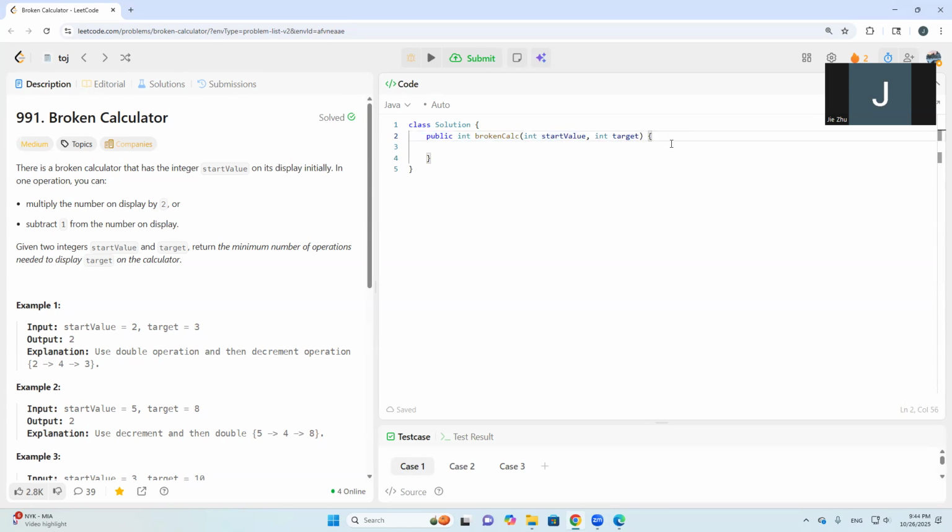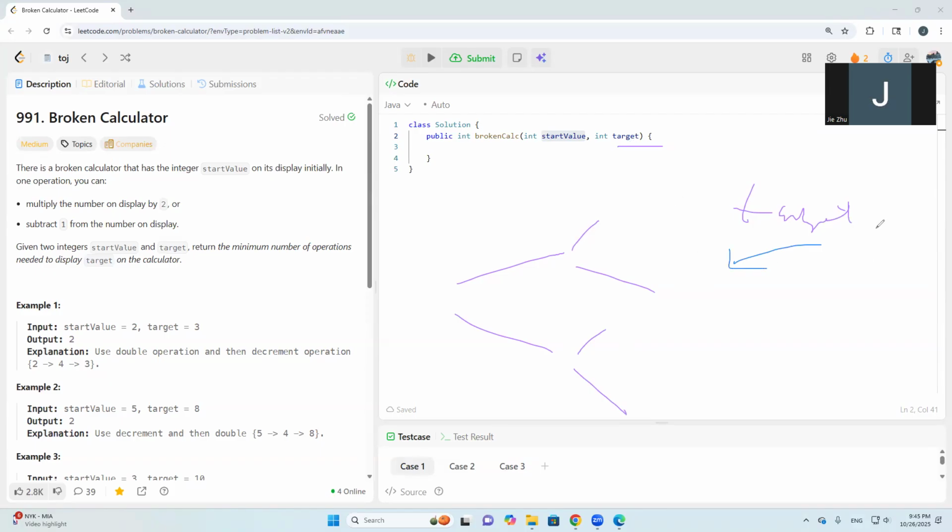Here, let's consider the more general case, where the target is greater than the start value. There are two options. One is going from the start to the target, which is the expanding way. As we know, if target is greater than start, the optimal way is to go from the target to start.